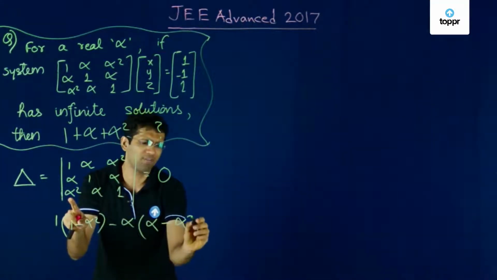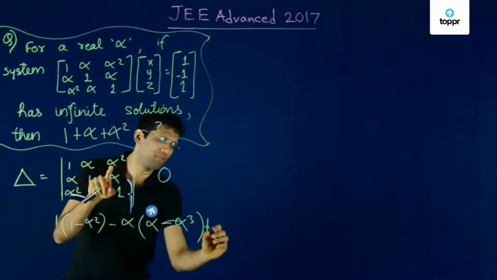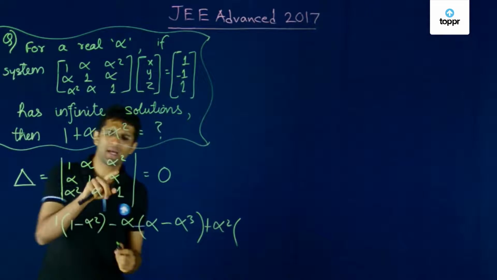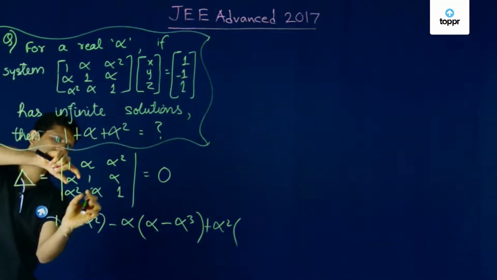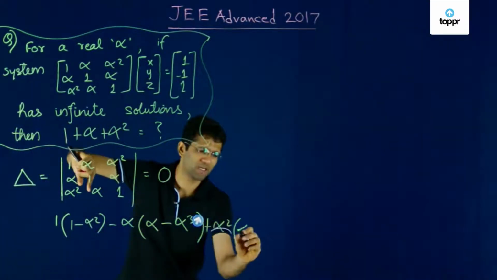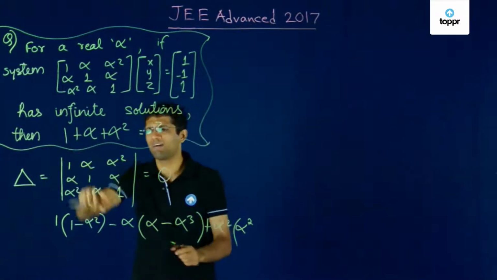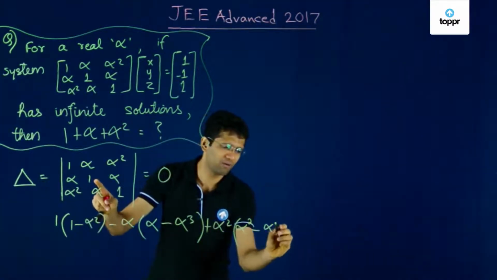Then I have a plus alpha square, and the multipliers will be alpha into alpha minus alpha square into 1. So here I have alpha into alpha, which becomes alpha square, and then alpha square into 1, which is again alpha square.